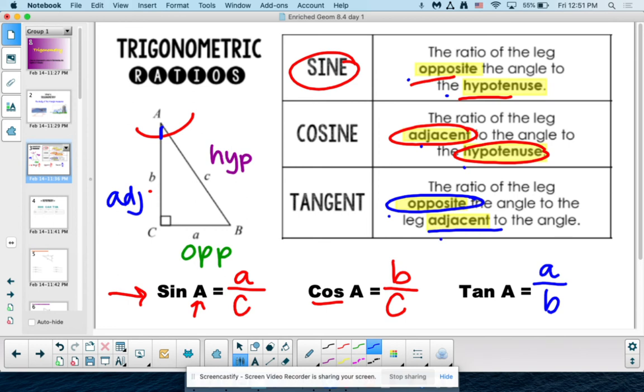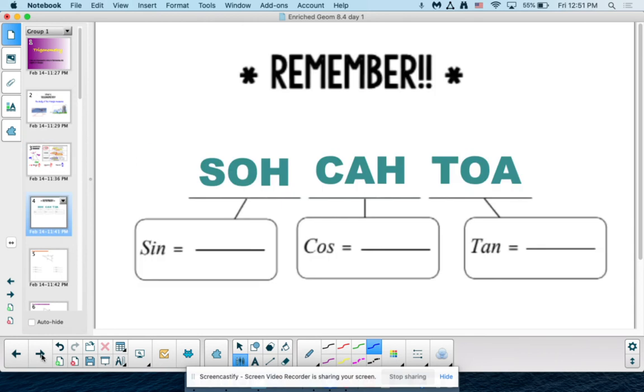An easy way to remember this is a mnemonic device called SOHCAHTOA. SOH: you see how it starts with an S? For sine, it's your opposite leg over the hypotenuse.